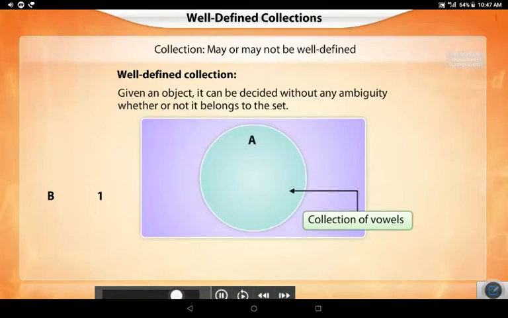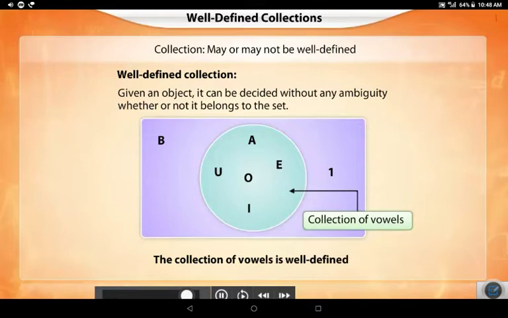In case of B and the number 1, we can definitely say that they do not belong to the collection. So, irrespective of the person who writes it, the collection will consist of the letters A, E, I, O, and U only. This indicates that the given collection is well defined.